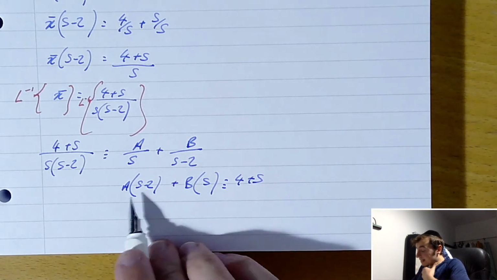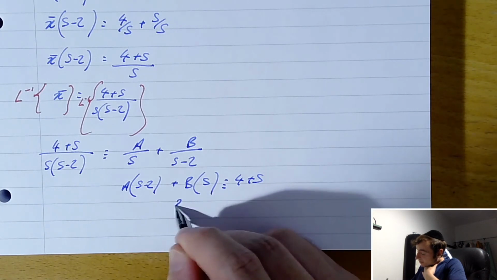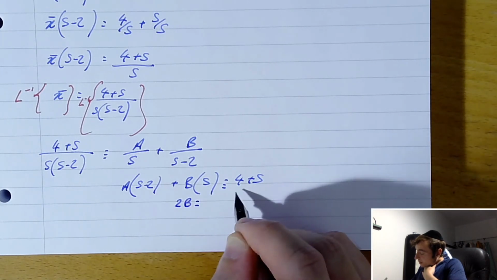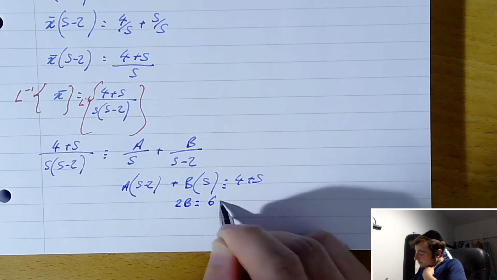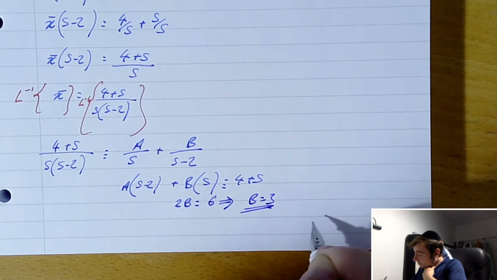So if we let s equal 2, that's going to be 0 for the A term. So we're left with 2B equals 6, and that implies that B equals 3.